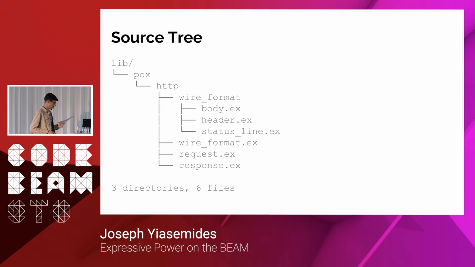But what I want to highlight here is that we can see from the directory listing that there's a wire format, there's a request, and there's a response, and that the wire format consists of a body, a header, and a status line, and that the directory tree communicates all of that for us. So we're standing as far back as we can, conceptually, and we can glean all of this information just from the directory tree.